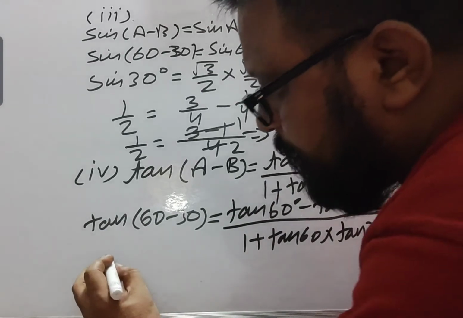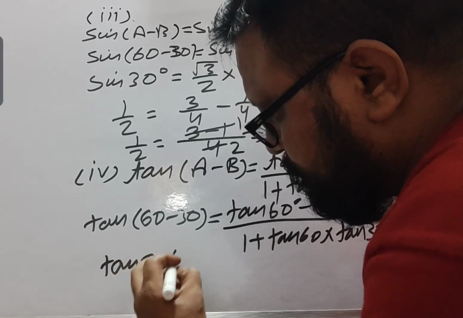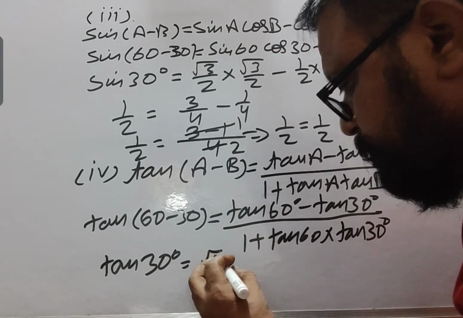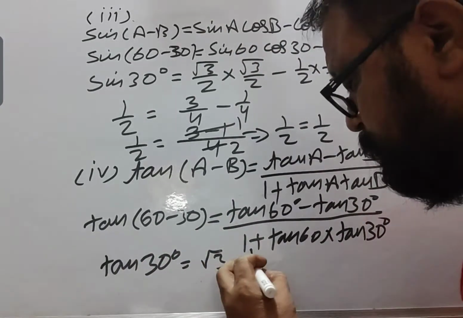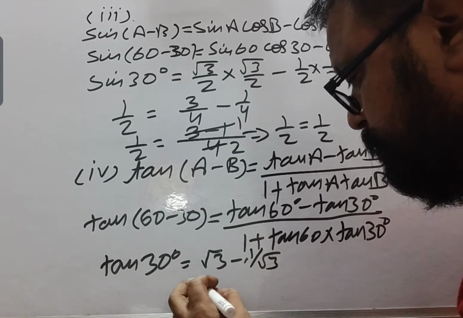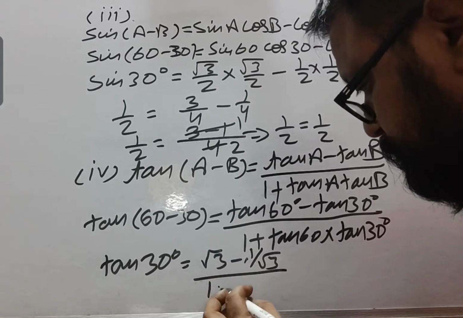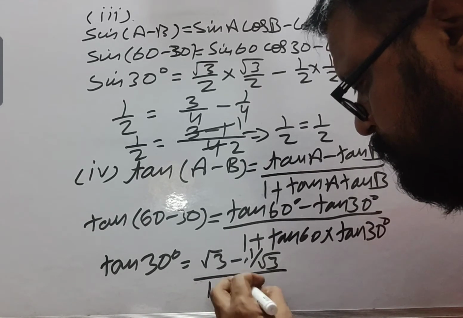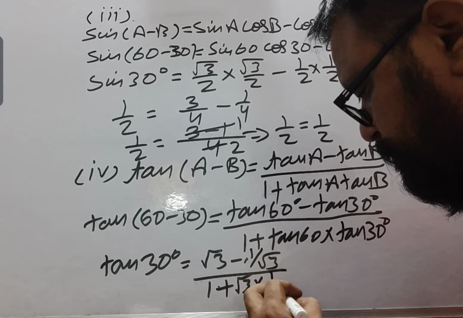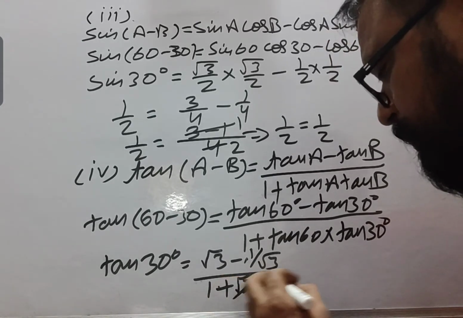Tan(60 - 30) becomes tan 30 degrees. Tan 60 is root 3 and tan 30 is 1 upon root 3, so we get root 3 minus 1 upon root 3, upon 1 plus root 3 into 1 upon root 3.